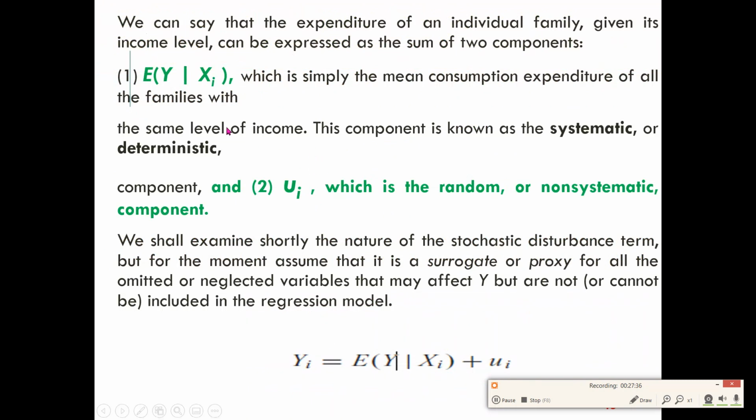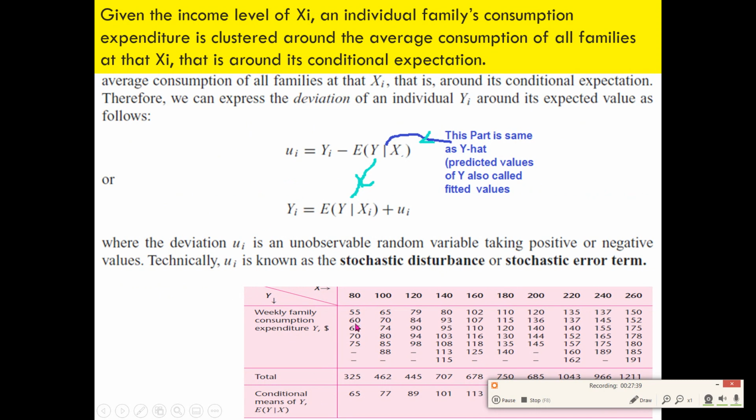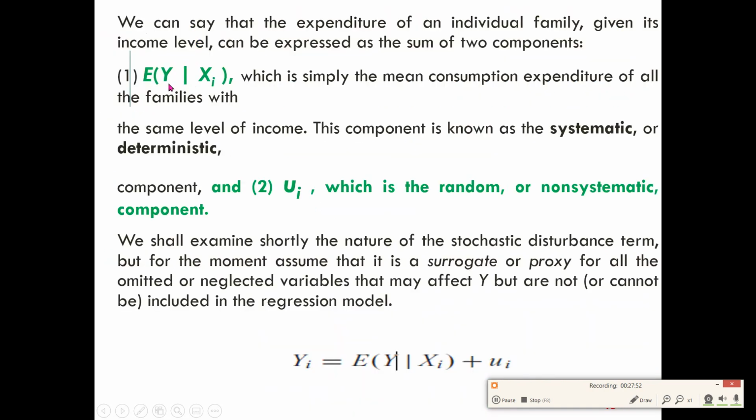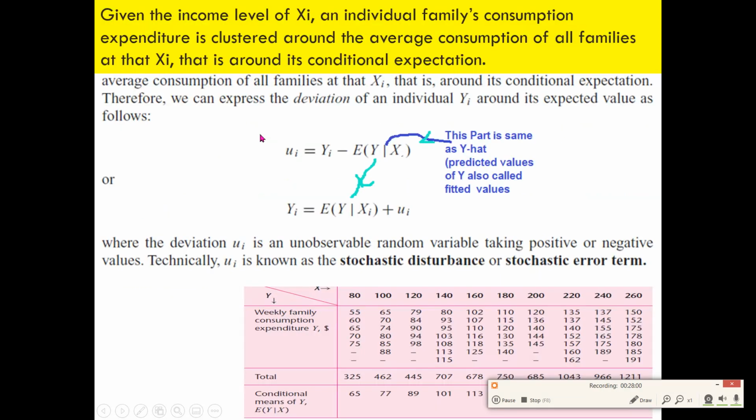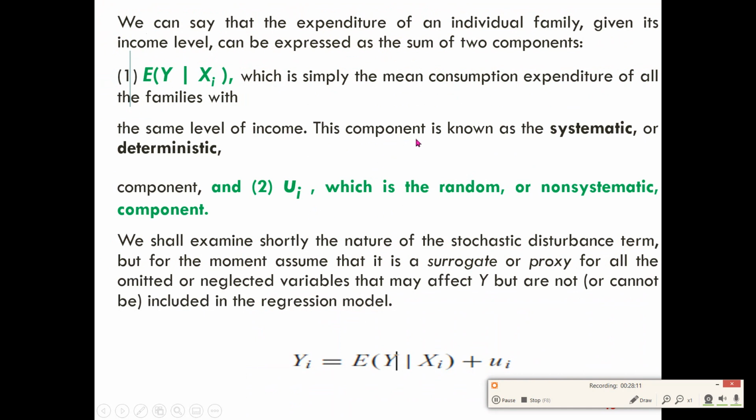So that's why we are saying that all these families that fall in this cluster in the income range of 80, their average or expected consumption will be 65. So this is simply the average consumption expenditure of the families with the same level of income. So coming back, this 65 conditional expectation is only applicable for families earning $80. That's why it's written here that it is for the same level of income, and then this is applicable.